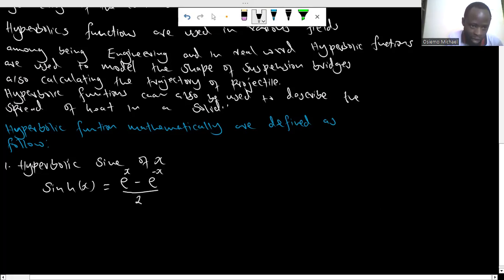In short, it can be written as sh of x equals exponential x minus exponential negative x, over 2.